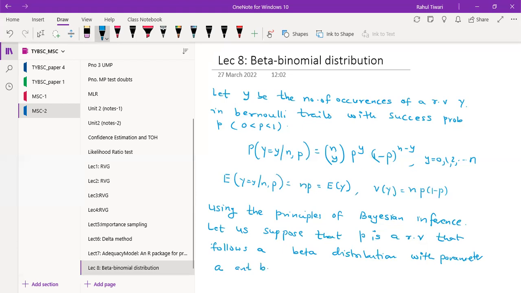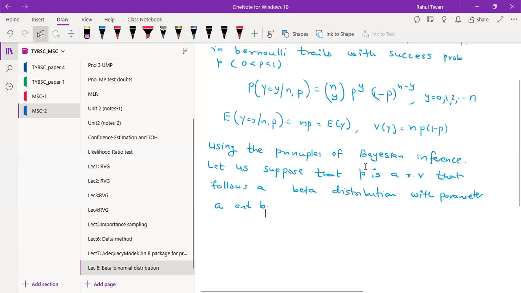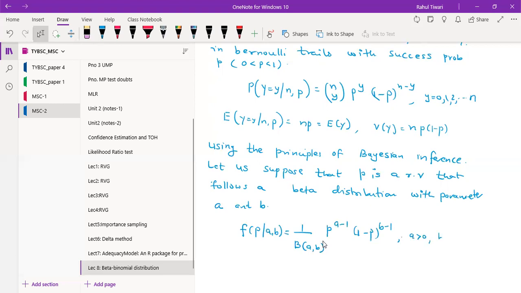So if p is a random variable which follows the beta distribution, one can consider its distribution p of a comma b, which is 1 upon beta(a, b), p raised to a minus 1, 1 minus p raised to b minus 1. a is positive, b is positive, and p lies between 0 and 1. I'm sure you have done this previously.